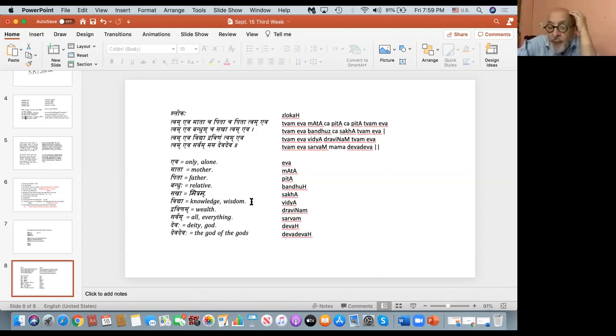So for the first time we have a shloka in Sanskrit. I chose a very easy Sanskrit shloka. I will be mailing this to you. Now let us read it.